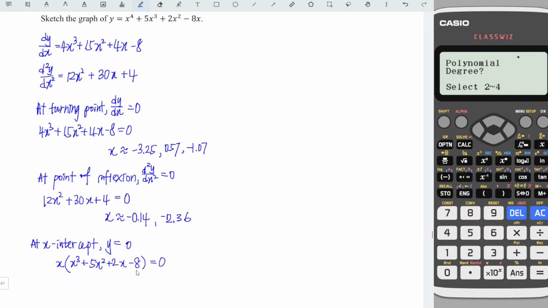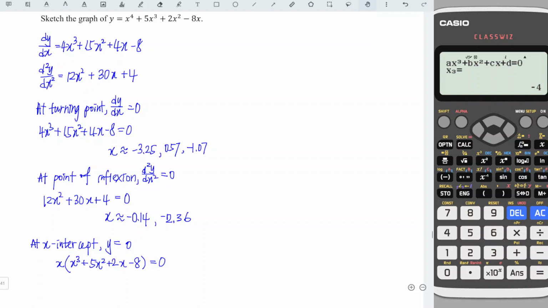Then most calculators are able to do degree 3. So we have degree 3, then 1, 5, 2, and negative 8. So which means that we have 1, negative 2, and negative 4 for this function.